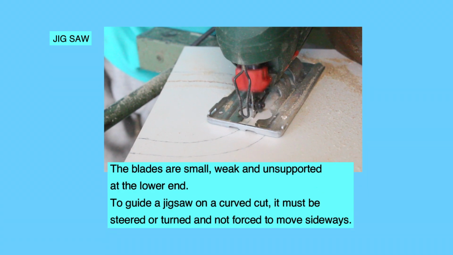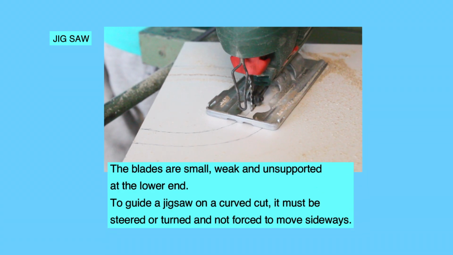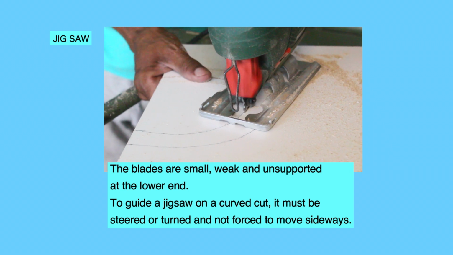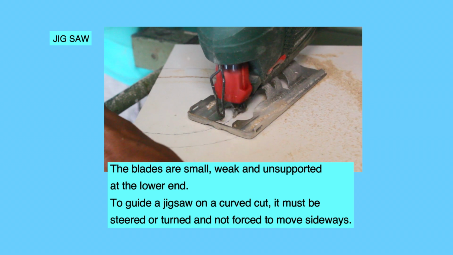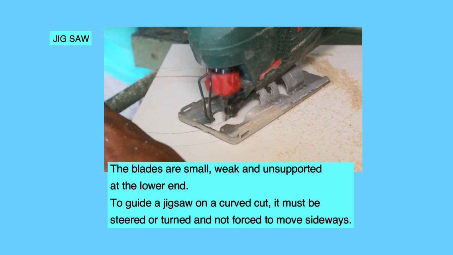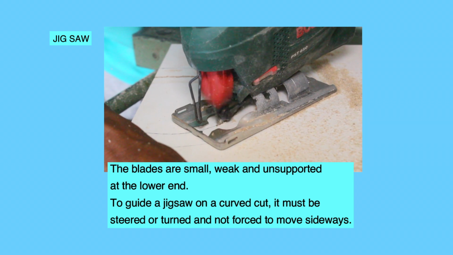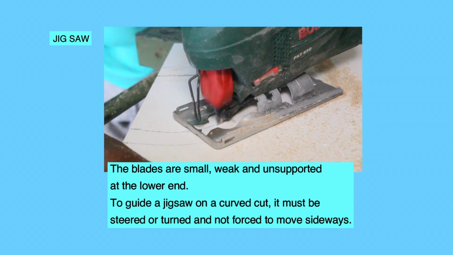The blades are small, weak, and unsupported at the lower end. To guide a jigsaw on a curved cut, it must be steered or turned and not forced to move sideways.